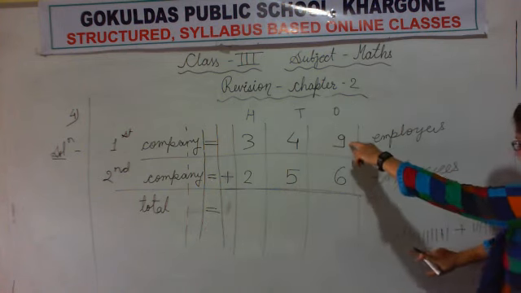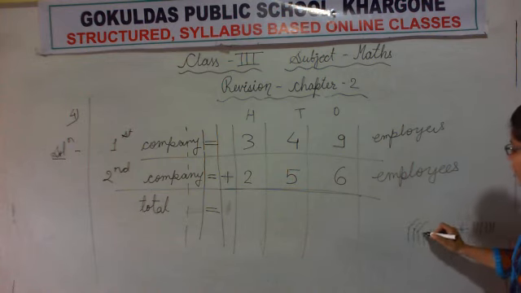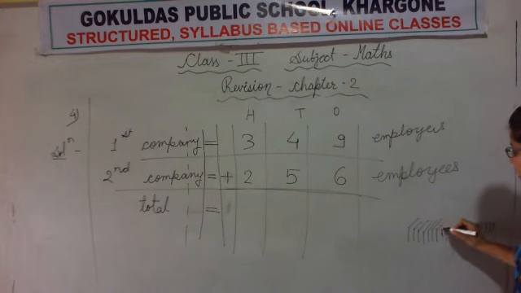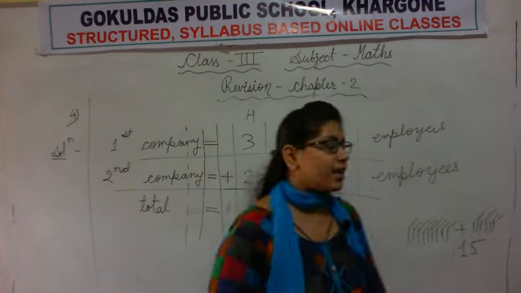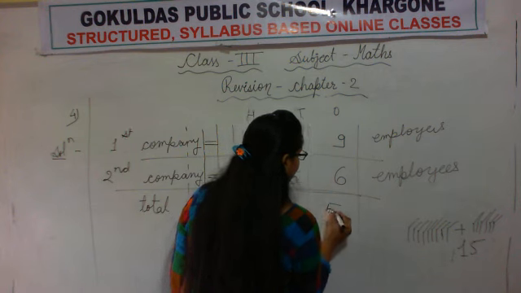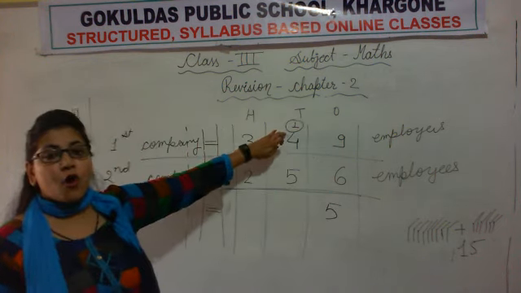Now 9 sticks are there, and 6 sticks are there. Now let's count how many sticks. 1, 2, 3, 4, 5, 6, 7, 8, 9, 10, 11, 12, 13, 14, 15. We added one digit numbers and got a 2 digit answer. Again we will regroup 15 like this. Now 1 plus 4.